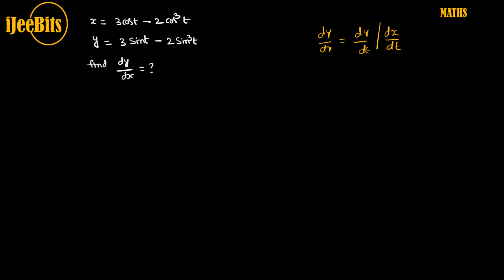Let's try. First one you can try dy by dt. Apply 3 into the differentiation of sin t, which is cos t, and then there is nothing for 2 sine cube theta, so 3 into sine square theta, and then the differentiation of sine theta becomes cos theta. Correct, you know? Very good.